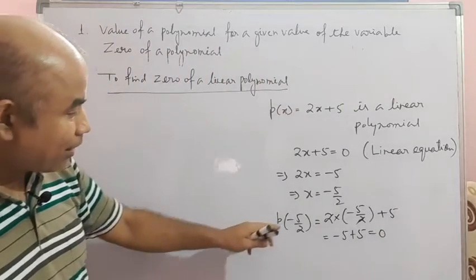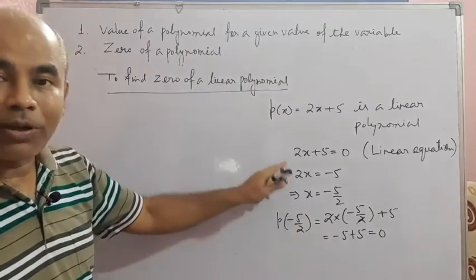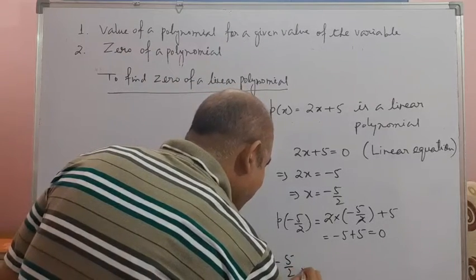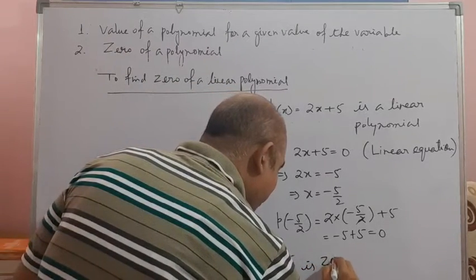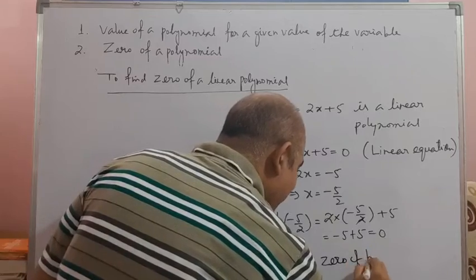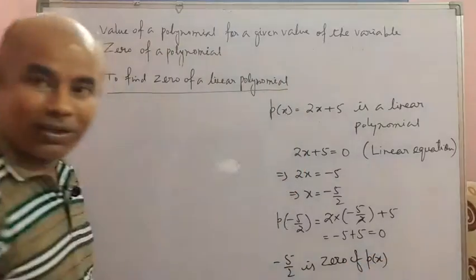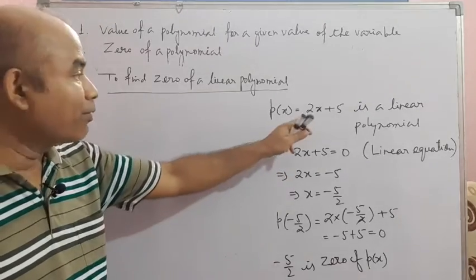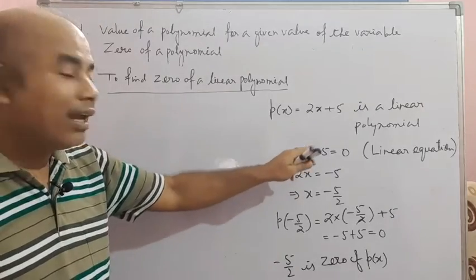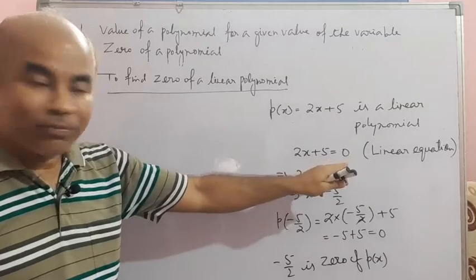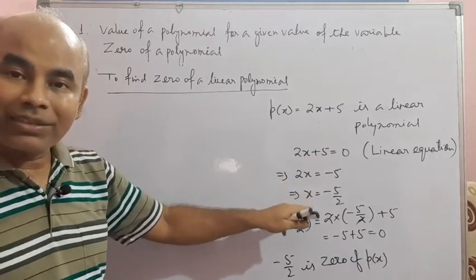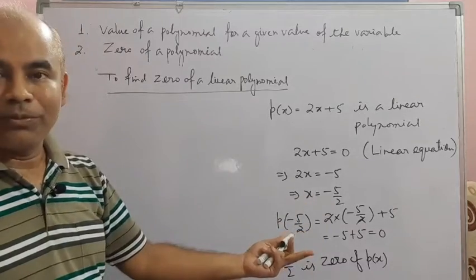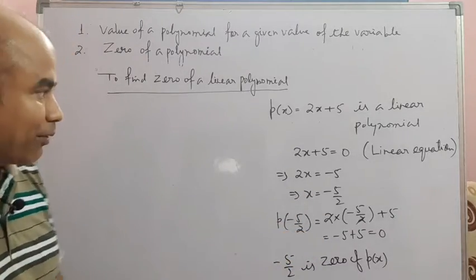So on putting x equal to minus 5 by 2, the polynomial becomes 0, which means minus 5 by 2 is a zero of p(x). Have you understood how we find the zero of a linear polynomial? Take the linear polynomial equal to 0, then solve it, and whatever value of x you get, that is the zero. This is one method.